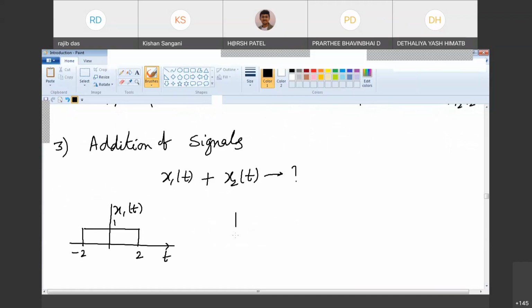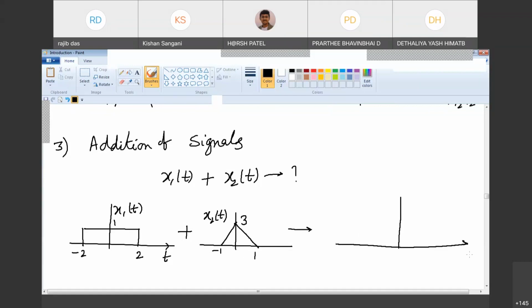And x2(t) is this one, from -1 to +1, with peak 3, this is your x2(t). Now can I add these two together? What would be the resulting signal? I want to get x(t), which is x1(t) plus x2(t).